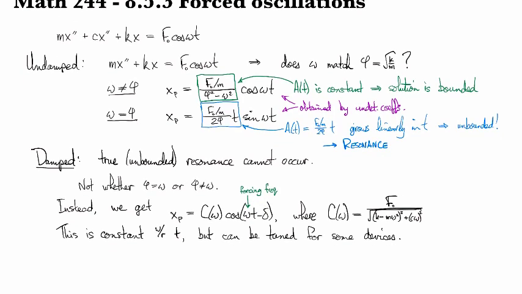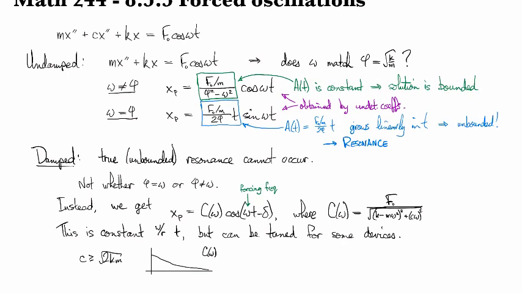So if it's the case that c is at least square root of 2km, then the picture that we see for what this C function, that, by the way, this is a small c, is going to look monotonically decaying, and it's not so interesting, right? But if we have the case where little c is strictly less than square root 2km, then the picture looks much more interesting.